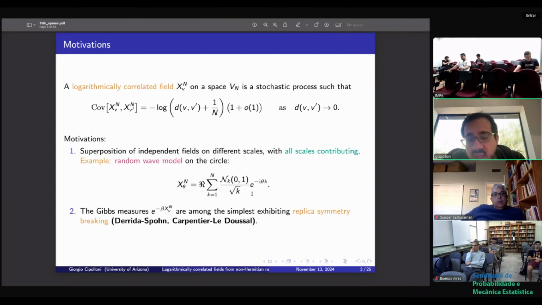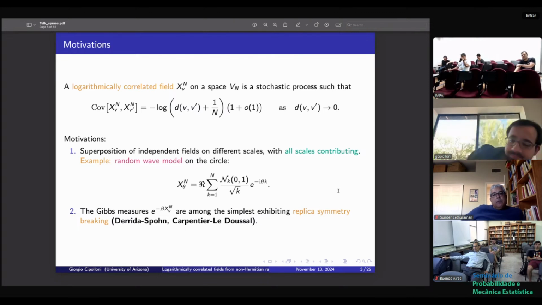It's one among the simplest examples of a log-correlated field. Several log-correlated fields you can write in this way, or approximately in this way, as we will see also later, but not necessarily. So they don't all look like this, but this one is a simple example to see. Okay, thanks for the clarification. Any further questions?